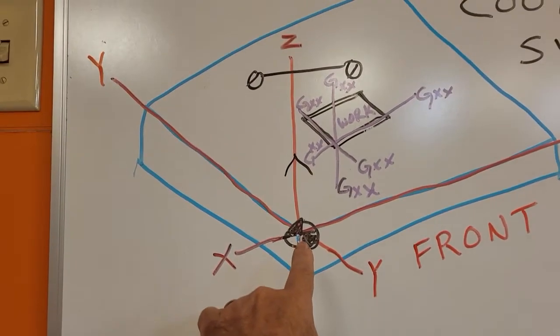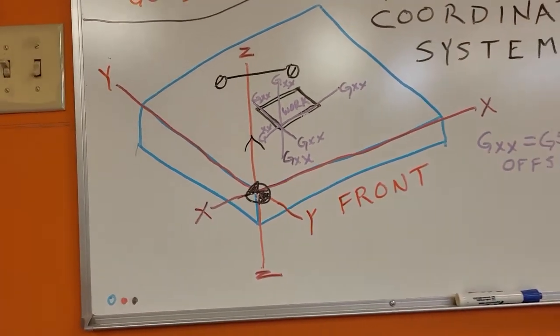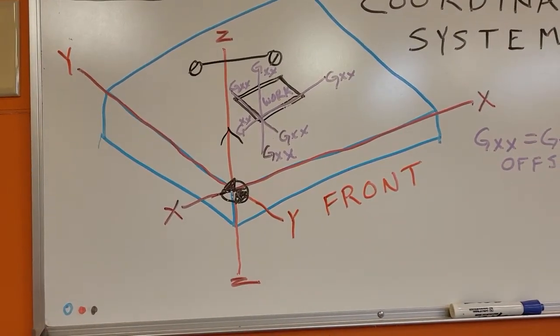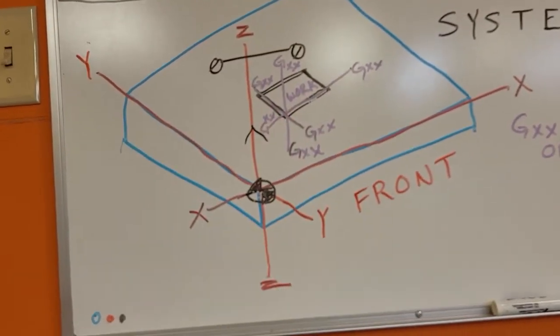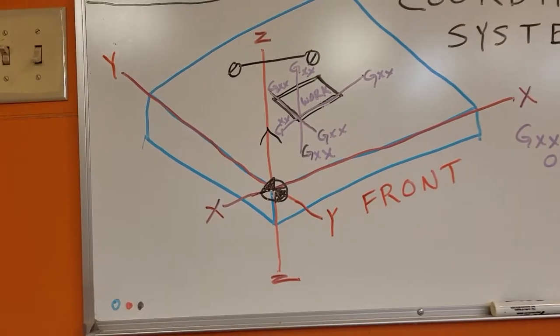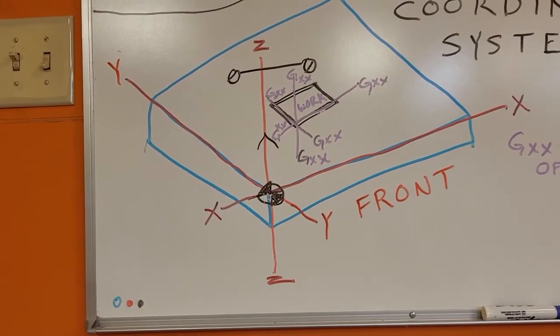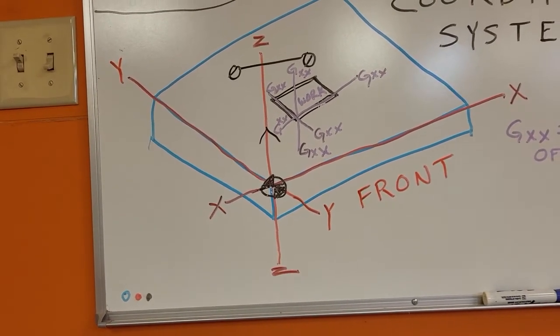X, Y, and Z 0. And incidentally, one thing to note is that when we're talking about the position of the machine, that's the very center line of the spindle. So this X and Y is really describing the center line of the spindle. I know that's not where the proximity sensors are.